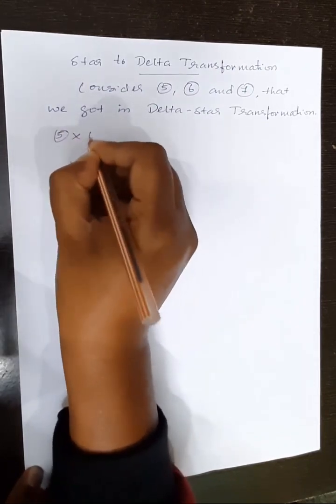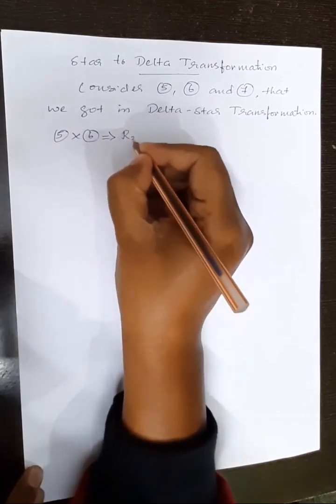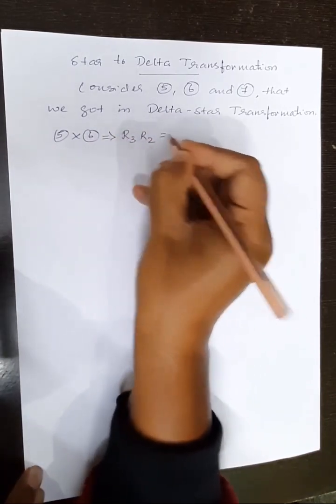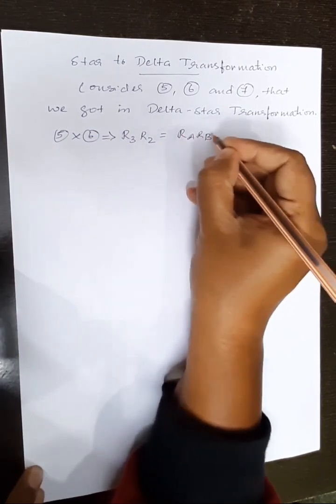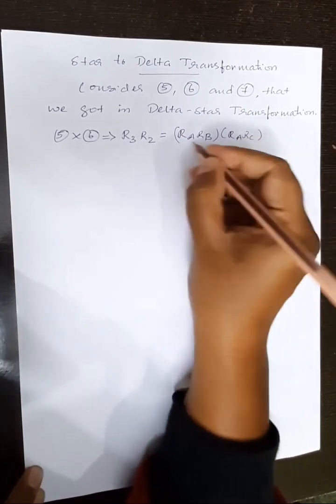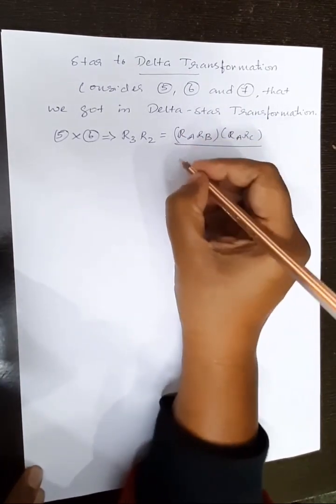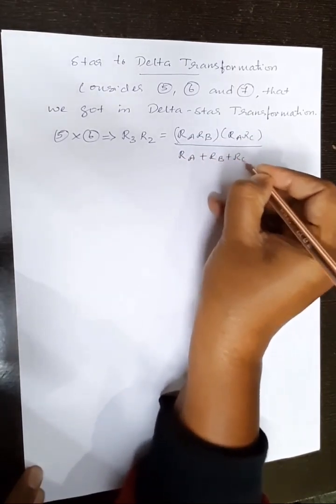Equation 5 into equation 6 implies R3 into R2, which is equal to RA RB into RA RC whole divided by RA plus RB plus RC whole square.